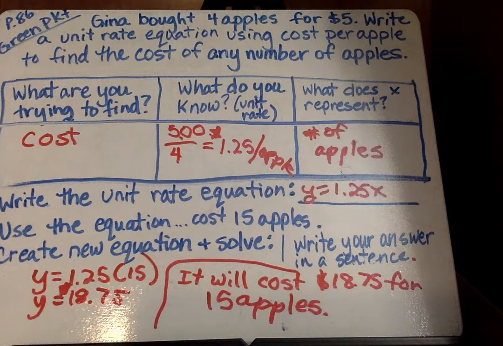Okay, now we can pause it and have you do one practice. I wanted to do the graph because I think sometimes graphing is a little bit harder. So we will go ahead and go on to number 1 on page 87.